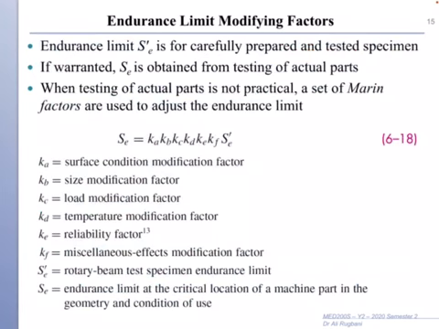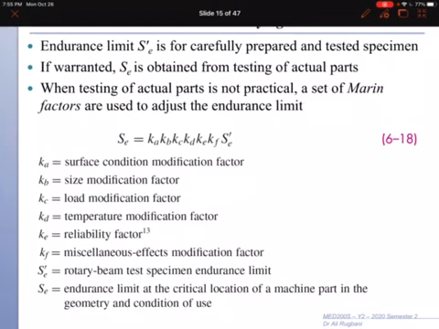Okay, so the endurance limit that we calculate here is the ideal one. The 0.5 ultimate strength is the ideal for a perfect test specimen. Ideally prepared, polished, material is known, no stress concentrations, and so on.